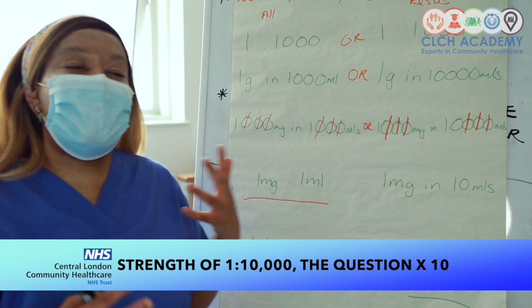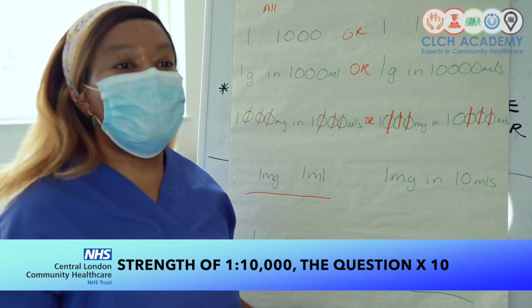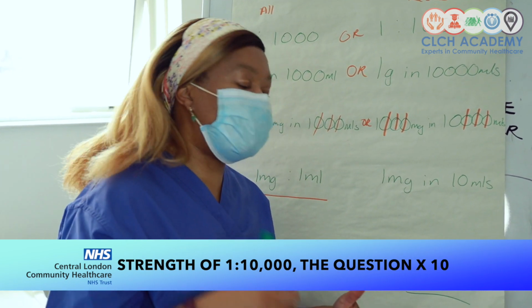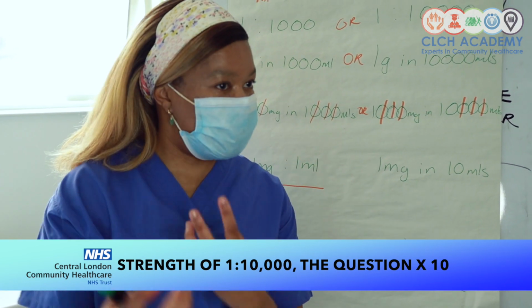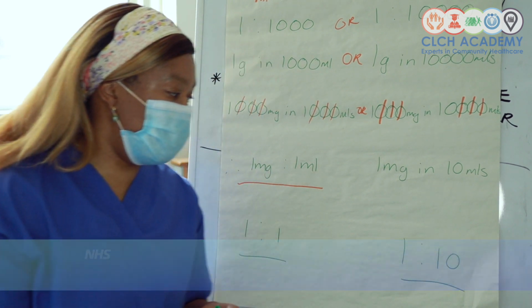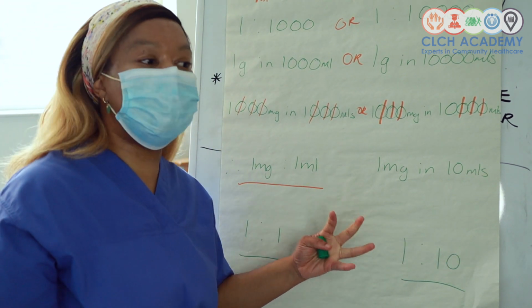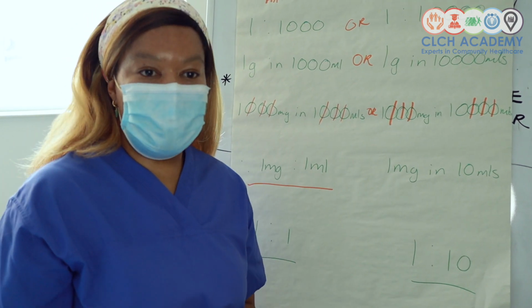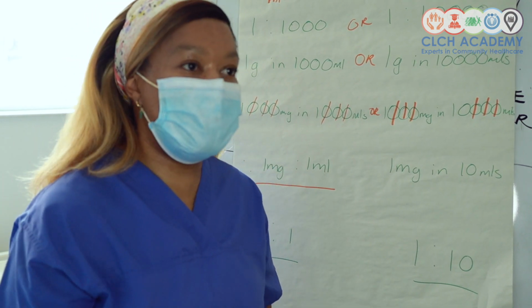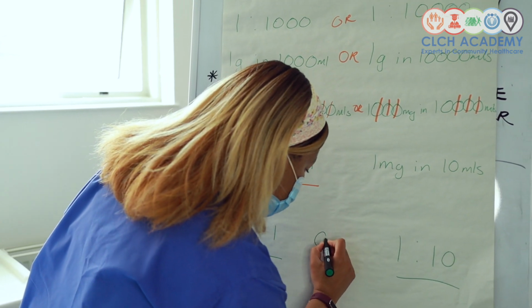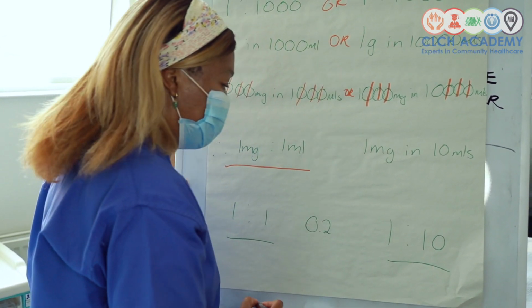So I would say for questions relating to your 1 in 10,000 strength, it's usually the question times 10. So take, for instance, if you needed to give the patient, hypothetically, 0.2 milligrams, essentially how many mils would you be giving the patient? So if you think about it, 0.2 milligrams is what you needed to give.